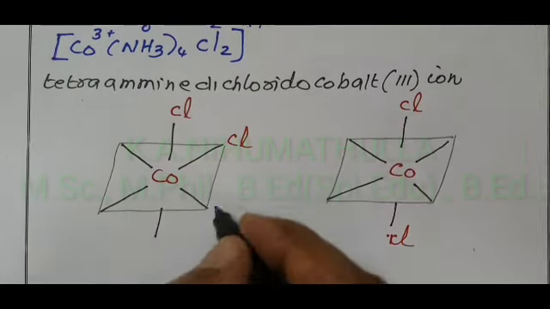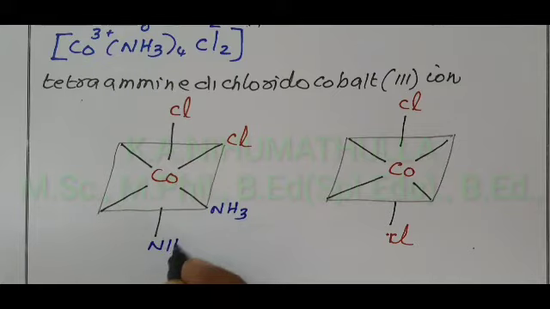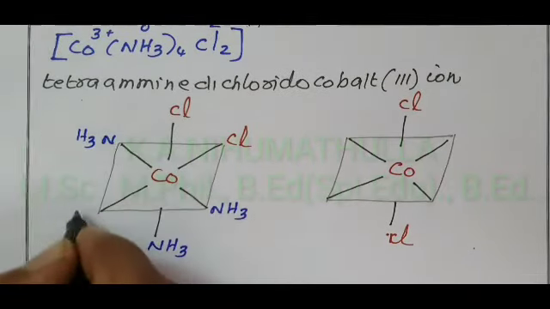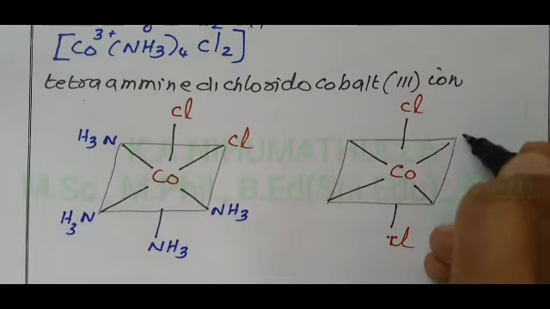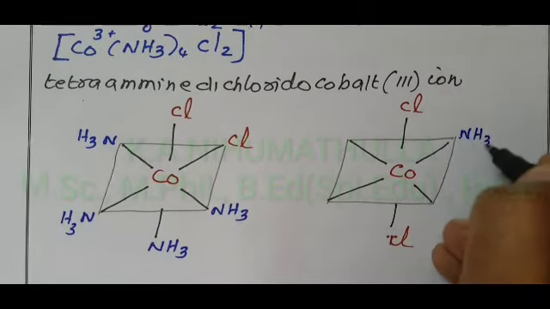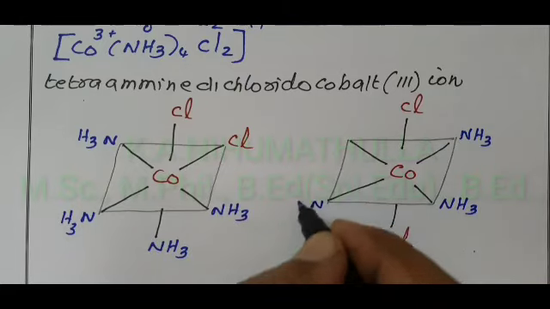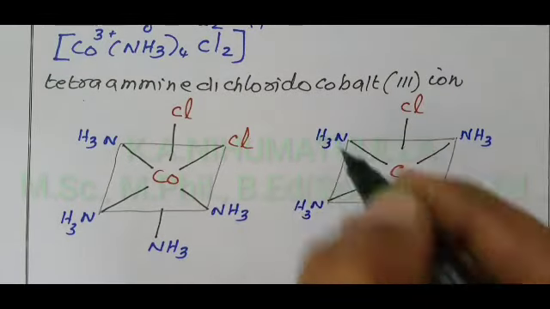The other 4 amines are NH3, another NH3, third NH3 and fourth NH3. Here also NH3, another NH3, third NH3 and fourth NH3.